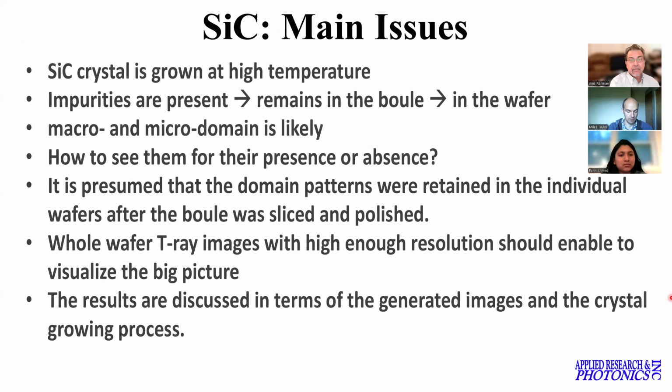silicon carbide is grown at high temperature. Compared to silicon, the ingot is made around 1400 degrees C or so. Compared to that, silicon carbide goes to 2200 degrees C and above. There's a significant difference and significantly high temperature.